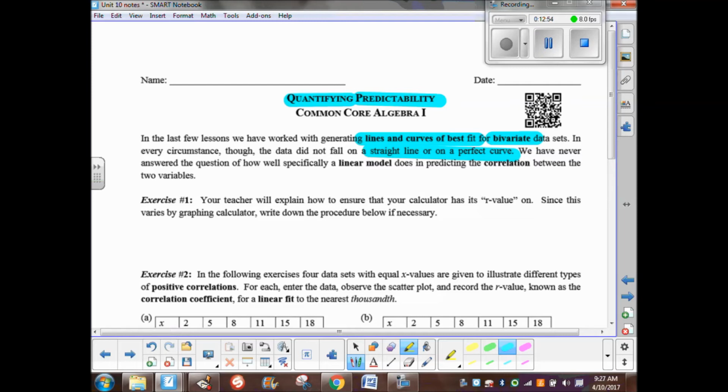So it says we've never answered the question of how well specifically a linear model does in predicting the correlation between the 2 variables. I will explain where the R value is on our calculator. Remember when we go into our list and spreadsheets and we don't want to look at the graph or the picture of something, and we go to menu, analyze, 2 variable statistics, and then all of our stuff appears on our list and spreadsheets.